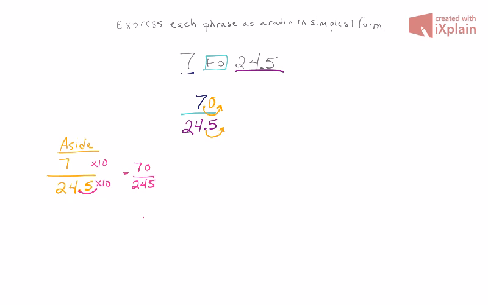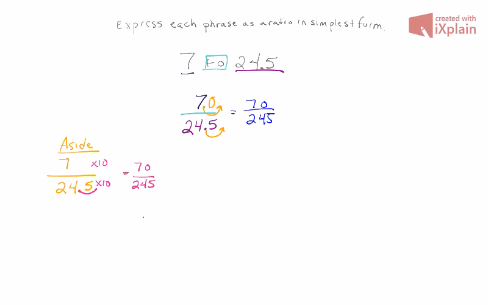So that is why we are going to work with 70 over 245. From here, this just looks like a really big fraction. I should see if I can clean it up. I'm going to do this in steps, just to show you that you don't have to simplify it on the first try.